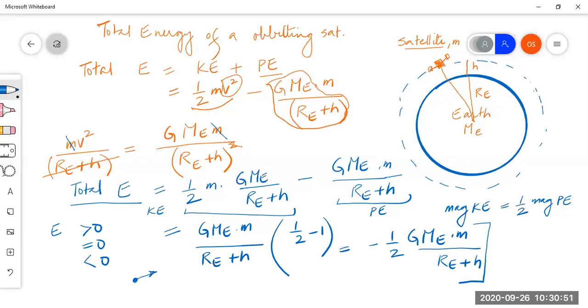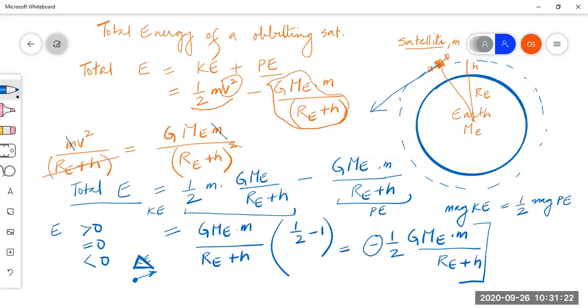If it's on zero datum, it only has kinetic energy, and that is positive. But this negative sign indicates that the satellite is bounded by the gravitational pull of Earth. It's not independent. Had the total energy of the satellite been positive, it would have really gone off the gravitational pull of Earth.